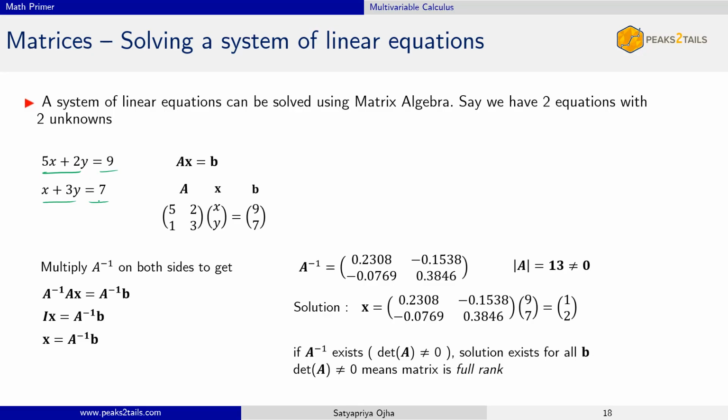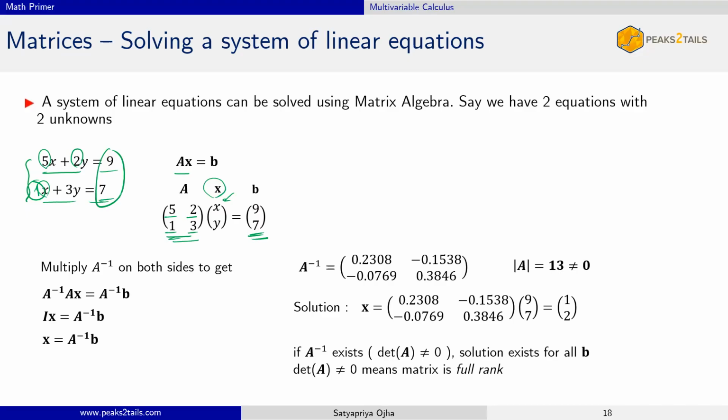So how do we rewrite this equation using a matrix? Write it in terms of Ax equal to b. b is this vector, A is this matrix. Just collect the coefficients, so here it is 1, 3, 5, 2, 1, 3, multiplied with the vector x, y, which is our vector x. That's something we need to solve.